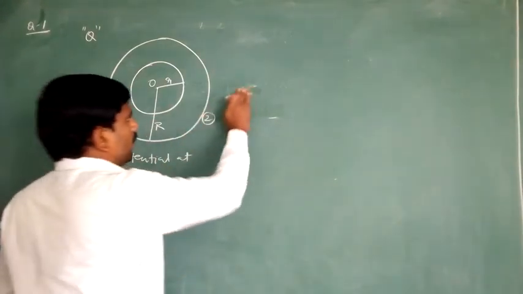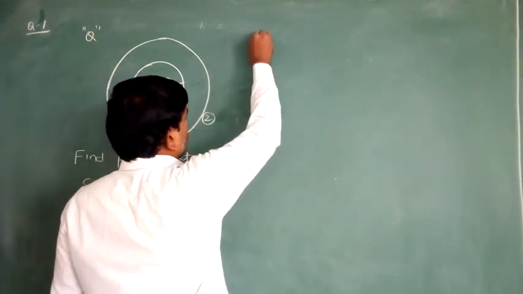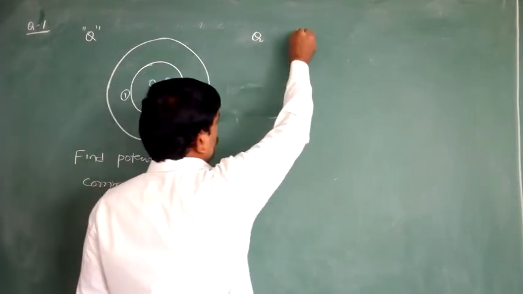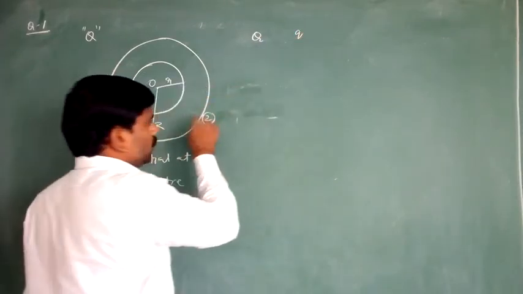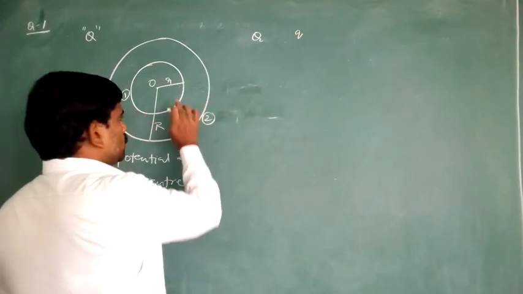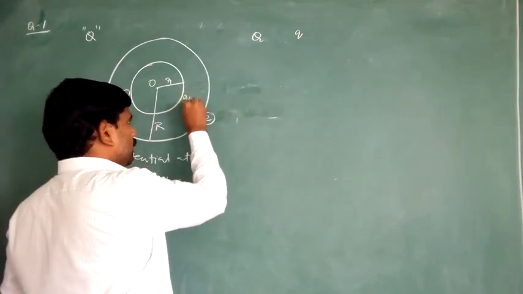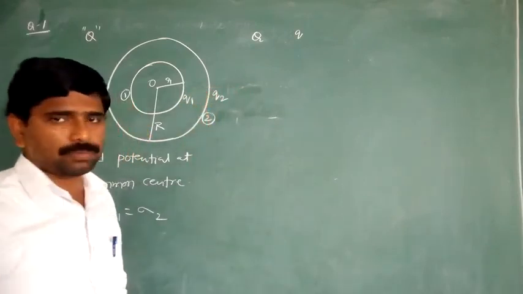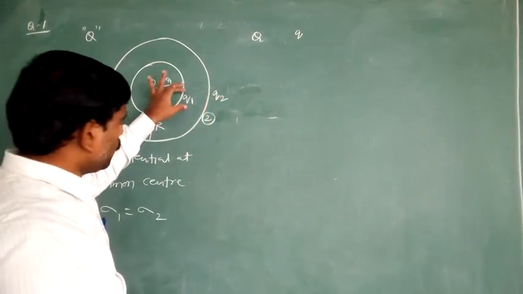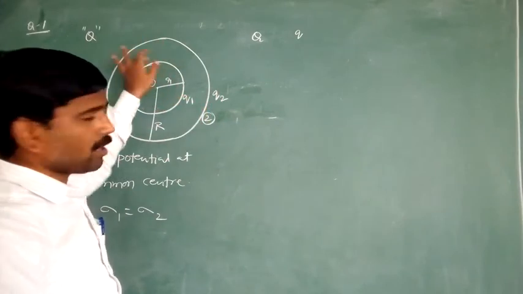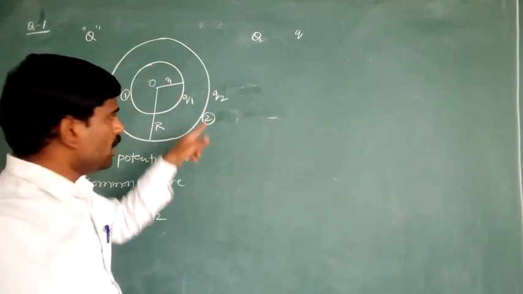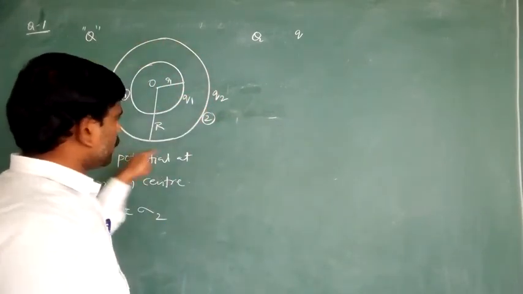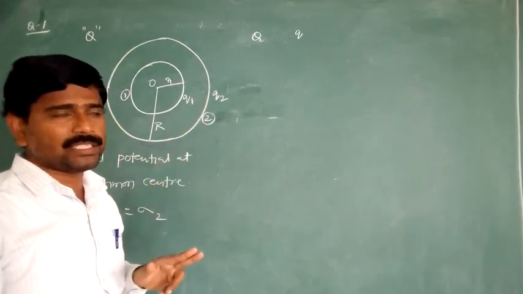So I am taking the total charge Q, distributed over the surfaces of the two concentric shells. Consider Q1 is the charge on the surface of the first shell and Q2 is the charge on the surface of the second shell.